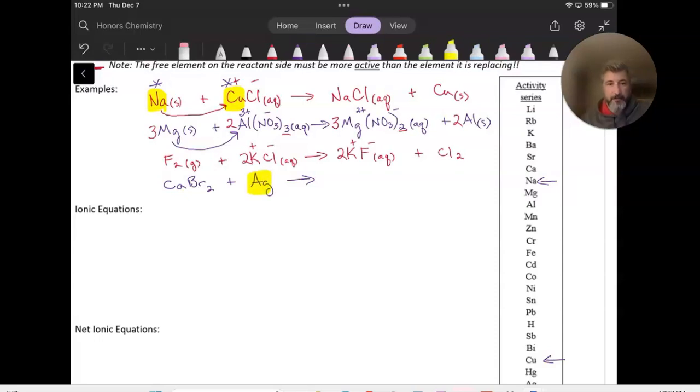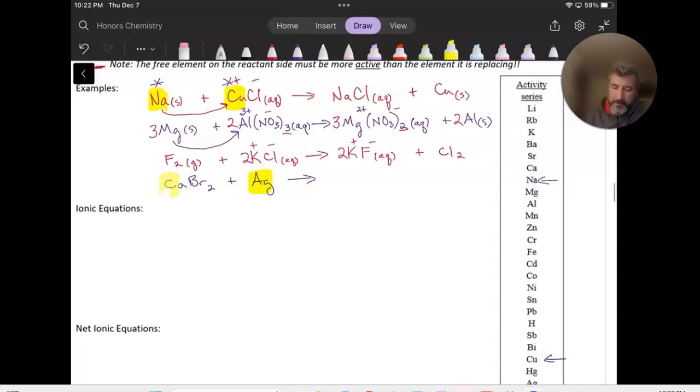And so it's a metal. It can form positive ions, specifically +1 ions. And so it's going to try to replace the positive ion in the ionic compound, and that's going to be the calcium. And so your next question, before you worry about predicting products, should be, will silver be able to replace calcium? It's always the thing that's by itself that's trying to replace the thing that's in the compound.